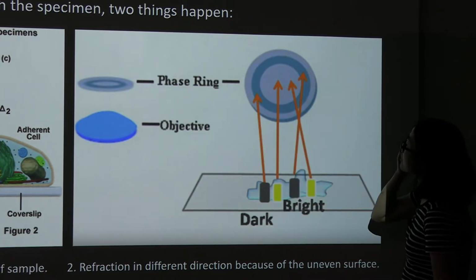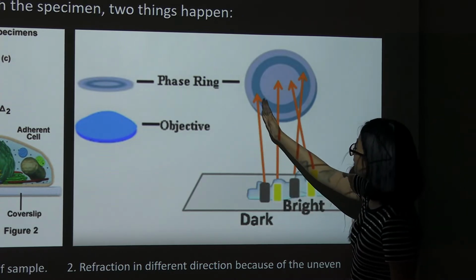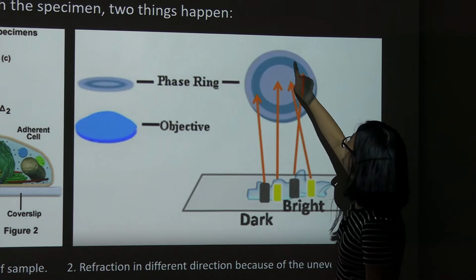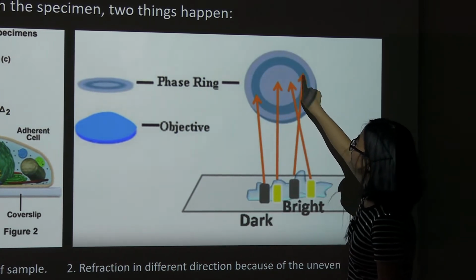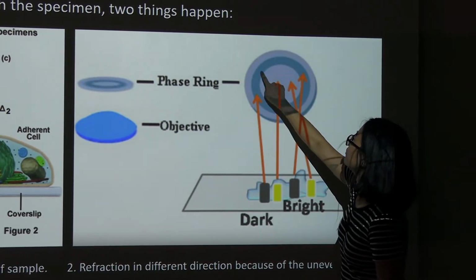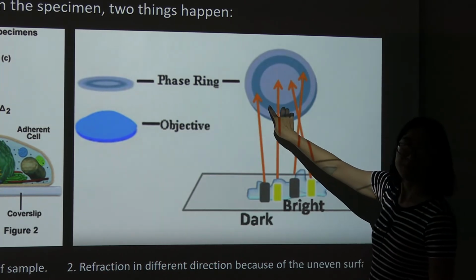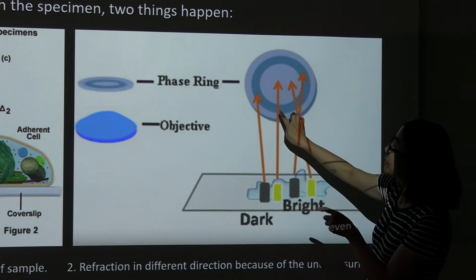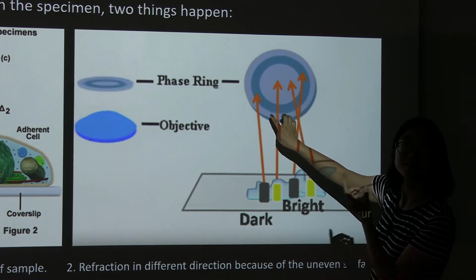So when the light goes, for example, as refracted light, into the center of the phase ring, the circle of the phase ring, as you remember from the previous slides, there's no retardation, so there's no change in the phase.